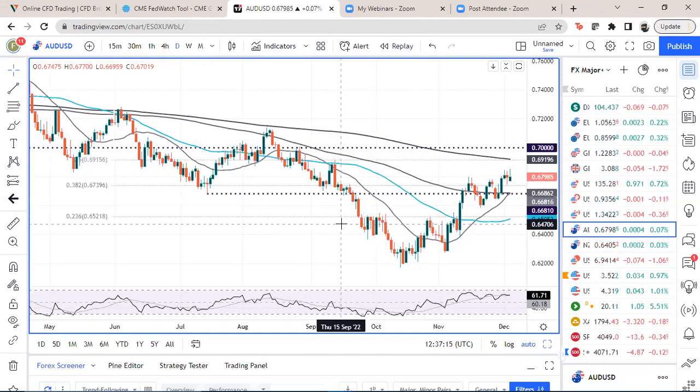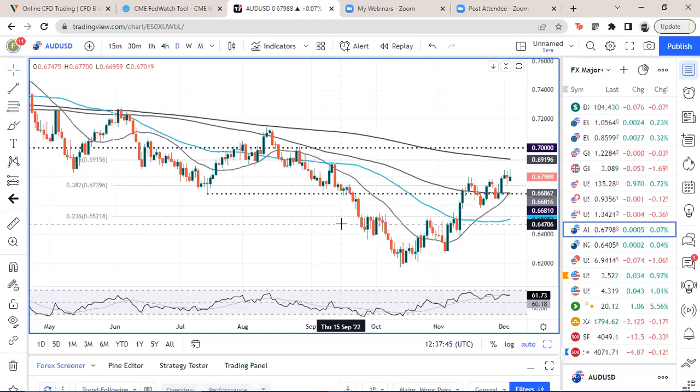Local banks anticipate one more rate hike with a 25 basis point increase, taking the cash rate to 3.1%. But other banks, Goldman Sachs, I think, recently revised its forecast for the cash rate to peak at 4.1% versus the previous view of 3.6%. So expect some volatility on this decision, around that 25% chance of no rate hike.